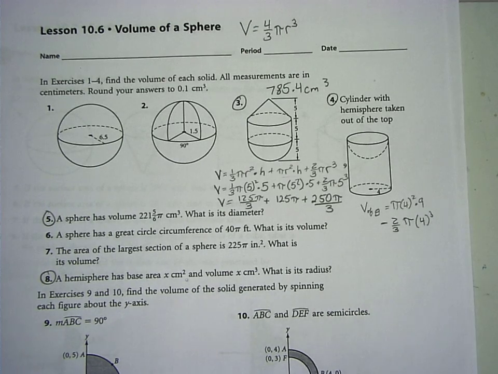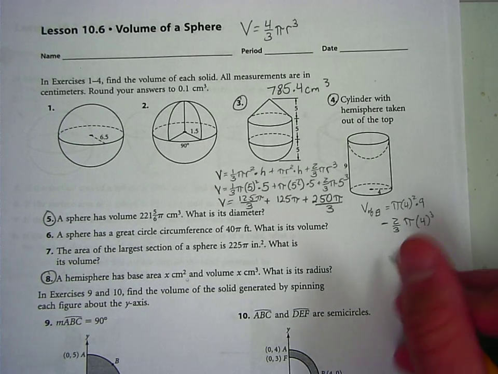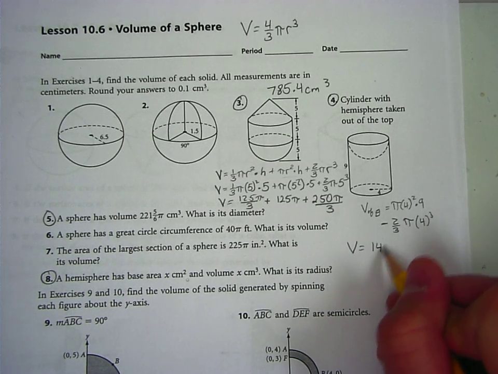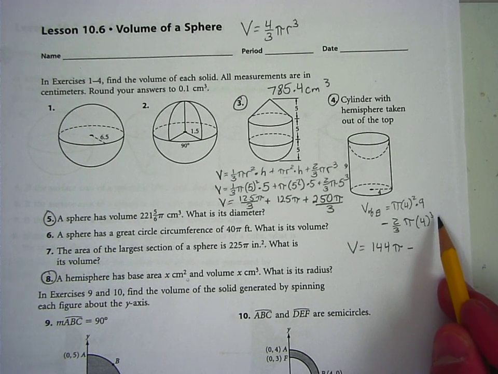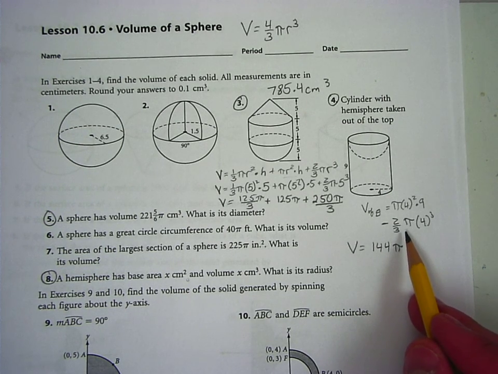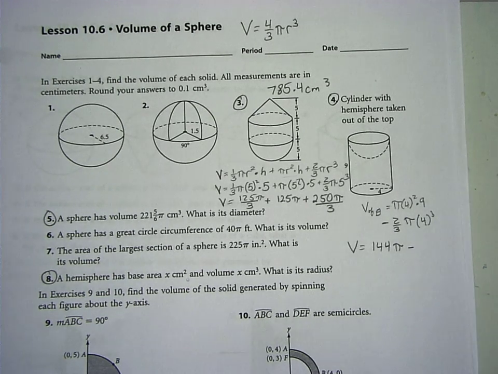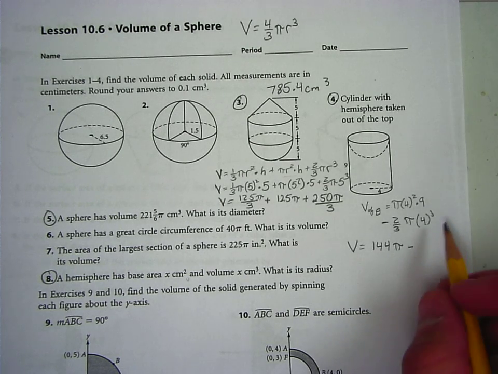Alright, so let's just multiply it out. We have 16 times 9, which is 144. So we have volume equals 144 pi minus 4 cubed is 64 times 2/3. That's actually not going to simplify, so let's just do 64 times 2.